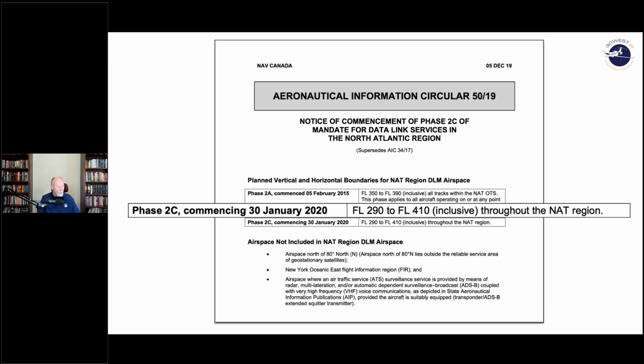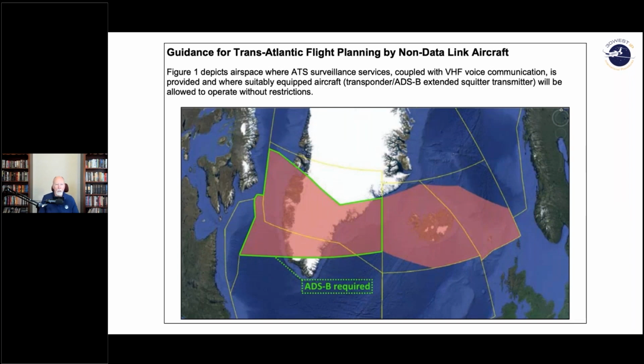And of course, as we've spoken about during training and some of the webcasts in the past few years, there is going to be an area that we've been referring to as an exemption area. It's the ATS surveillance airspace, and you see it depicted here in the AIC in magenta. This airspace requires not only that you have NAT HLA approval, long-range navigation approval and RVSM approval, but also ADS-B.